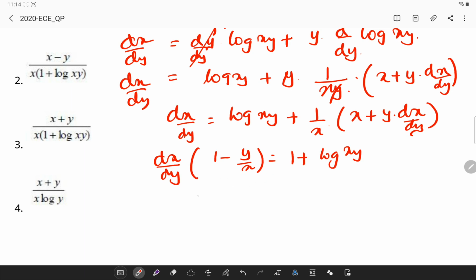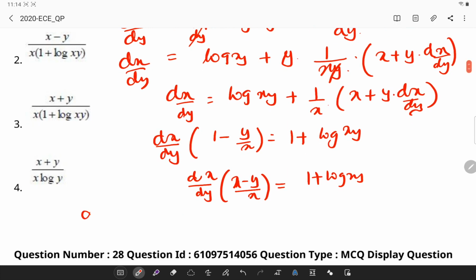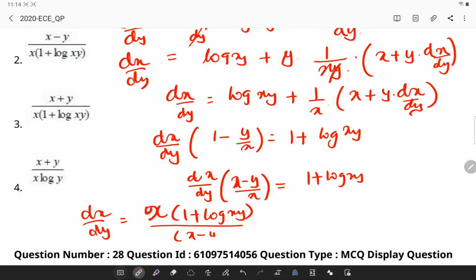So dx by dy into (x minus y) by x is equal to 1 plus log xy, or dx by dy is equal to x into (1 plus log xy) divided by x minus y.